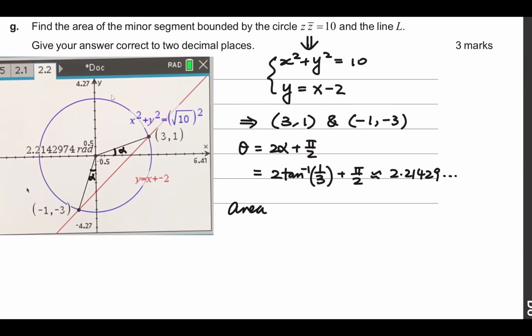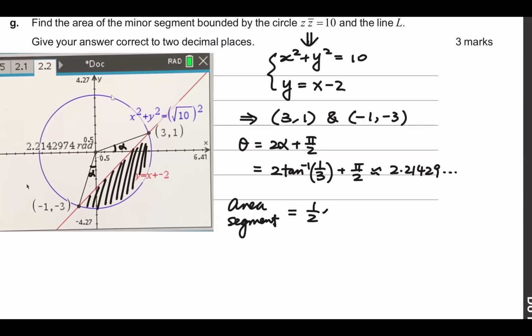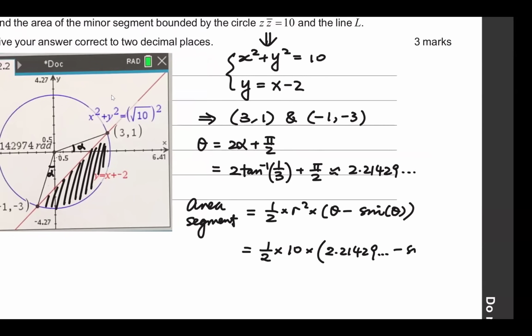An area of segment is finding this bit. It equals half times r squared times theta minus sine theta. So half times root 10 squared times 2.21429 dot dot dot minus sine 2.214 dot dot dot.